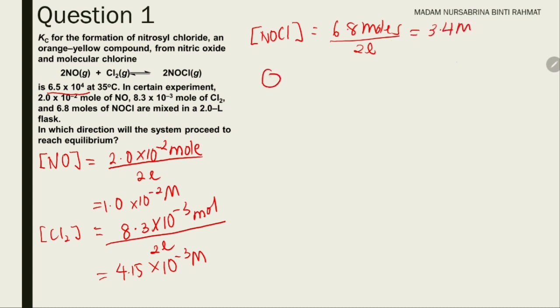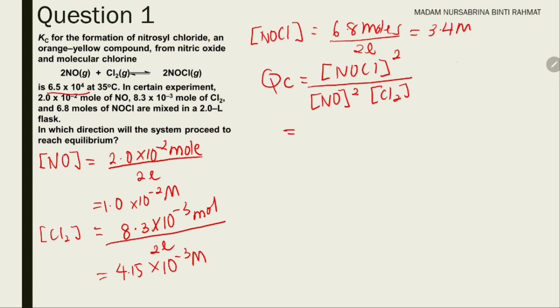So your Qc expression is exactly the same as your Kc. Since we are supposed to determine in which direction the reaction is going to proceed, we're just going to assume your reaction is proceeding from left to right. So NOCl concentration squared, because we have 2 in front of NOCl, and then NO squared again, and Cl2 just 1.